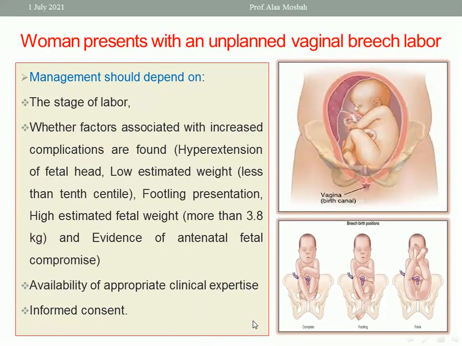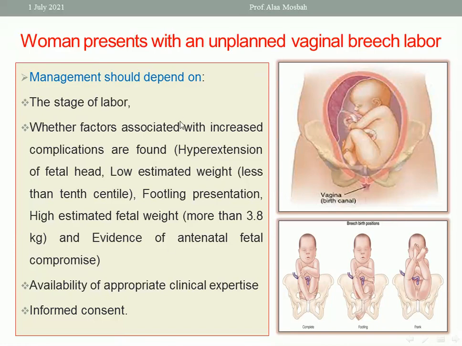Management with an unplanned vaginal breech labor. Suppose you are in the hospital and a patient came to you in the emergency department with breech presentation and you don't know about her before, and even she doesn't know that she has a malpresentation. What are you going to do?